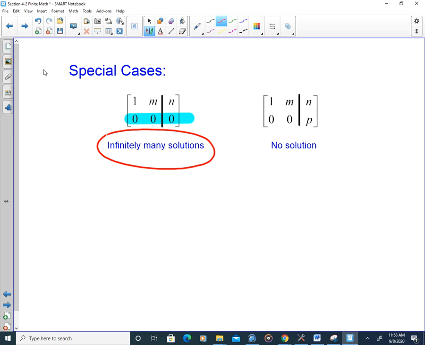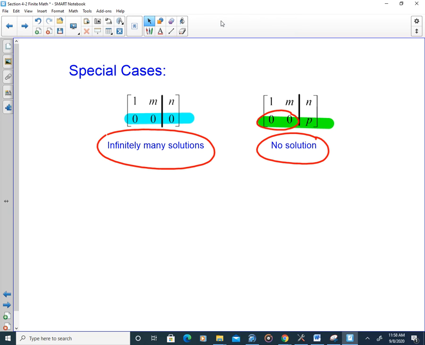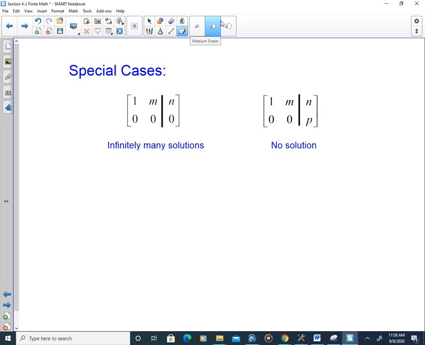Let's say this happens. You get 0, 0, and then a number. Well, anytime you don't have coefficients over here, that's one of those special cases. This would be no solution. So be aware of that. You can get no solution and infinitely many solutions using row operations and augmented matrices. This is what it would look like.